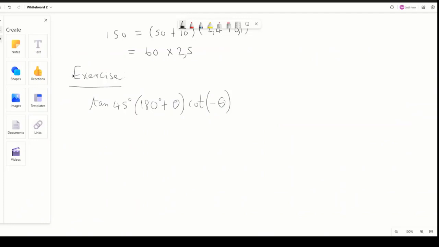Plus cos in brackets 90 plus theta. Close the bracket, sine 180 plus theta. Sine 180 plus theta. All over.